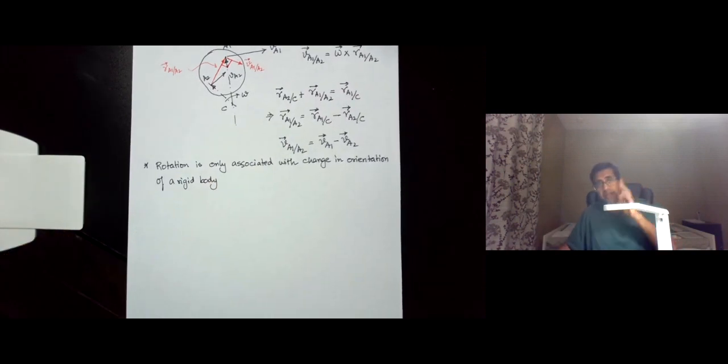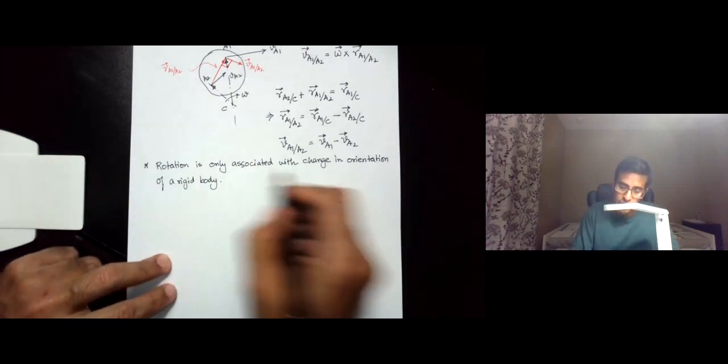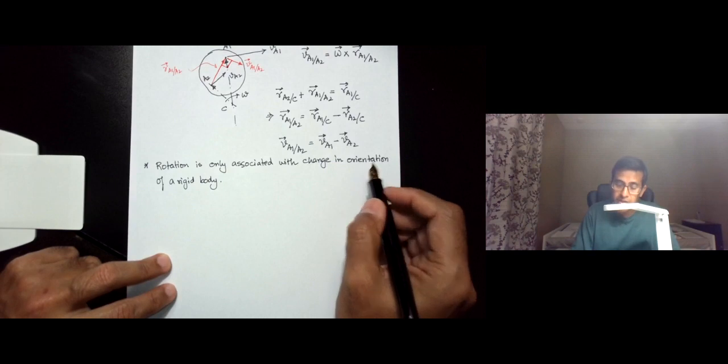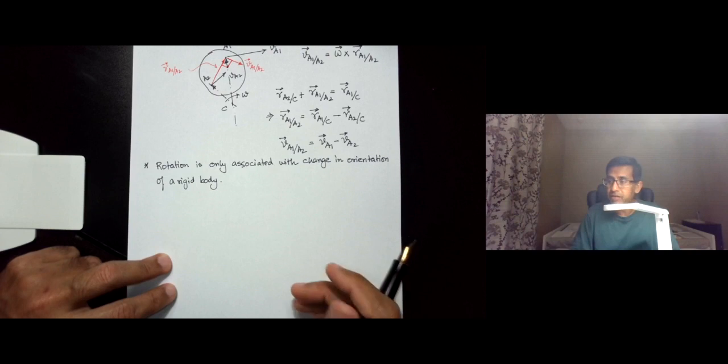So you need to have a certain reference direction. About that, there is a rotation, or there is a change in the orientation of a certain vector, or of the position of one point with respect to another point. As that orientation changes, that change in orientation is always measured with respect to a certain reference direction. Okay, so when we say change in orientation, we mean that change in orientation relative to a certain reference direction.